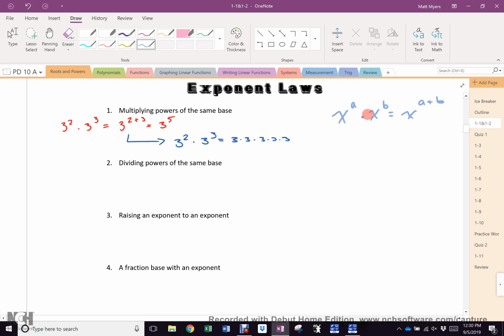As long as they're the same base, we will add the exponents. Now, if something happens once in math, how often does it happen? Always. That's why math is actually the easiest subject to work with, because nothing ever changes. If it works once, it always works.